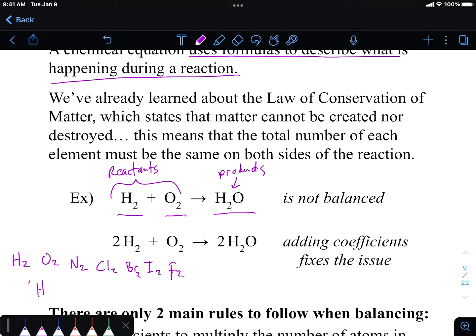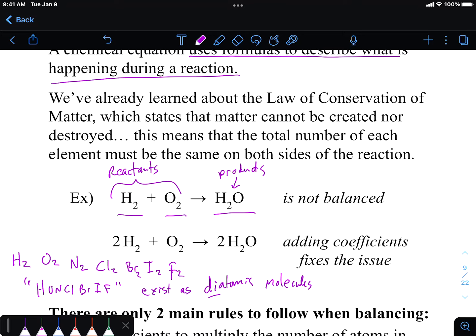Right? These are known as the Hankel-Briff elements. They exist as diatomic molecules.